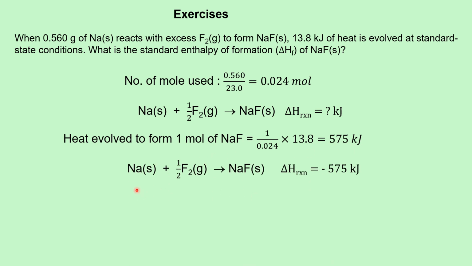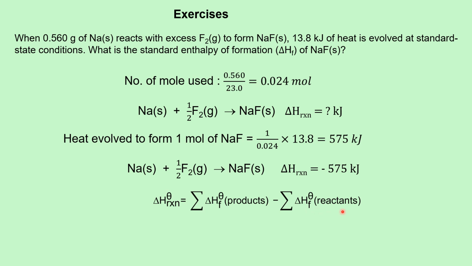Then you can write the chemical equation like this. You know the enthalpy of reaction. Negative means energy is released or evolved. So by using the formula that we learned before, the enthalpy of reaction is equal to the sum of enthalpy of formation of products minus the sum of enthalpy of reactants.